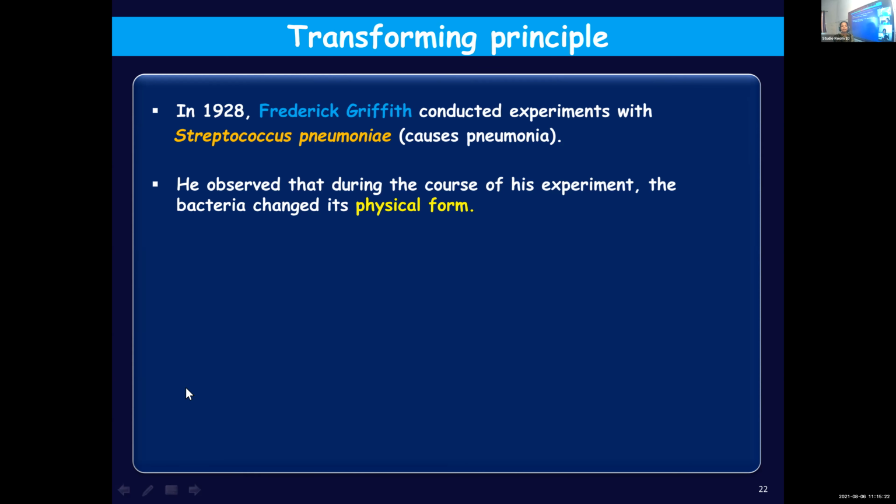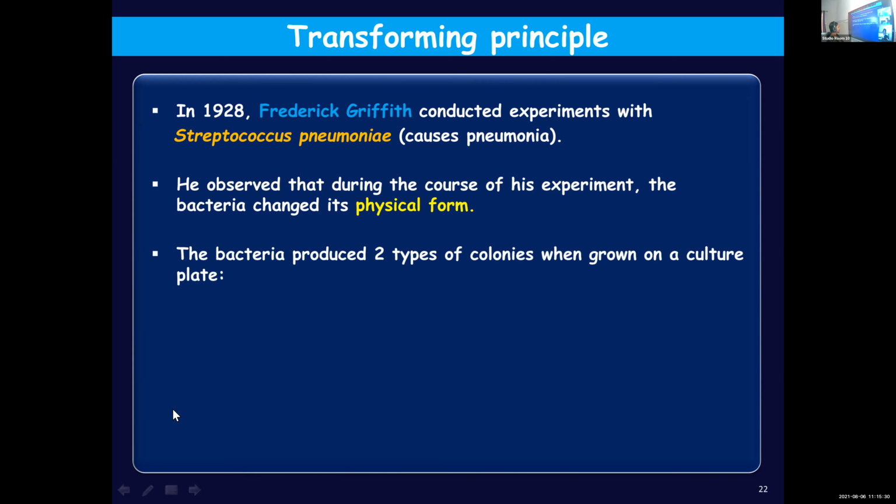He could observe that some changes took place in the physical form of these bacteria. The bacteria produced 2 types of colonies when they were grown on a culture plate. You know that for laboratory purposes, we grow bacteria in a specialized medium, and this is called culturing of bacteria.